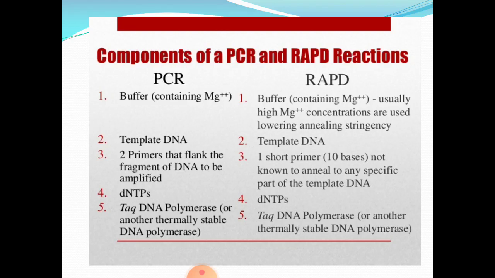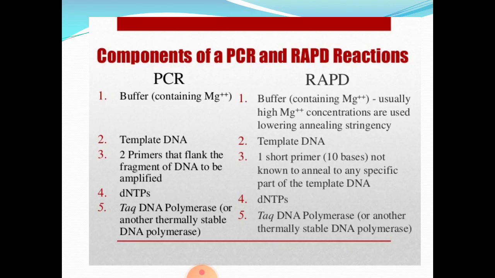But in RAPD, normally you give higher concentrations of magnesium ions. Why? For lowering annealing stringency. So in RAPD, you give higher concentrations of magnesium ions compared to PCR.